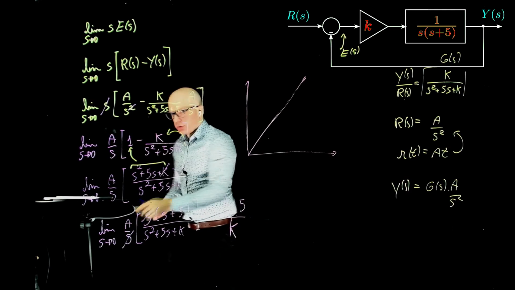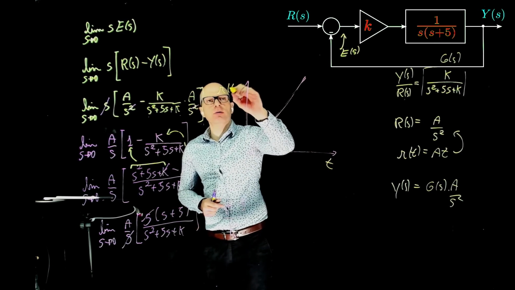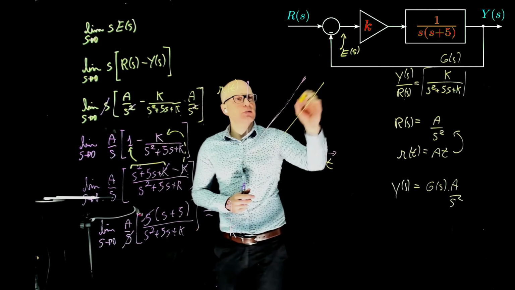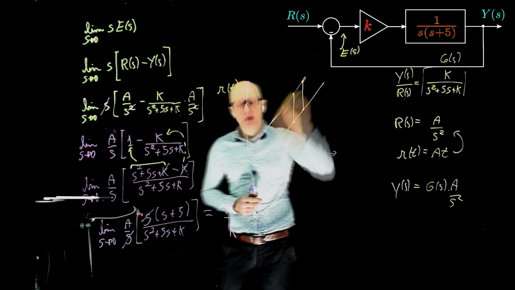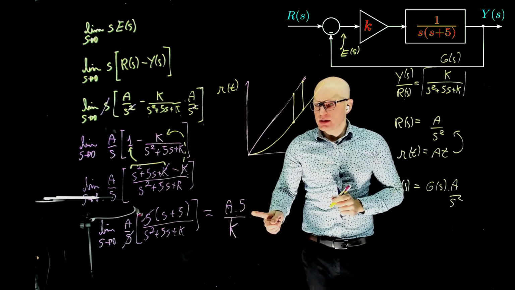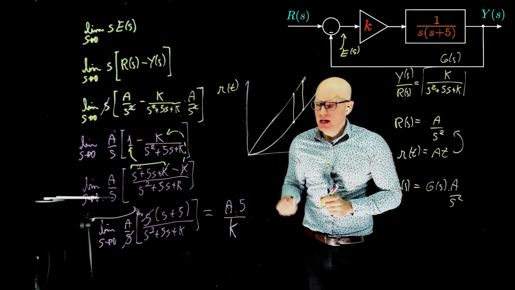That's the desired output. So this is time. This would be r of t. And the output will be something like that. This difference at any point in time is here in steady state. This is this difference. And this difference decreases as k increases.